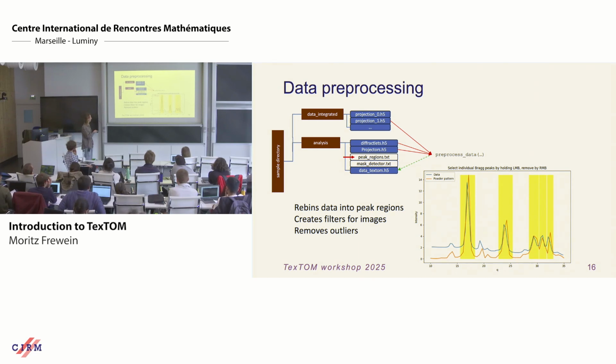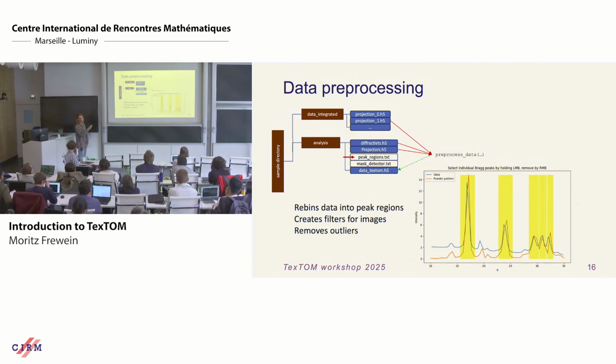So you can compare here the simulated powder diffraction pattern with your actual data. In this case, it's an average over an entire projection that will give you more or less a powder diffraction pattern. Then you choose the regions where you want to analyze the peaks, and it will create this file here.